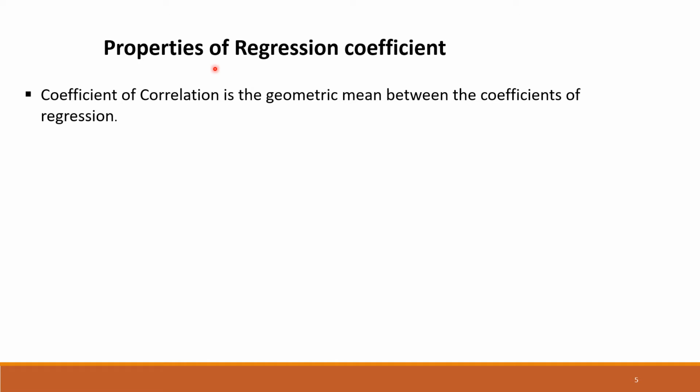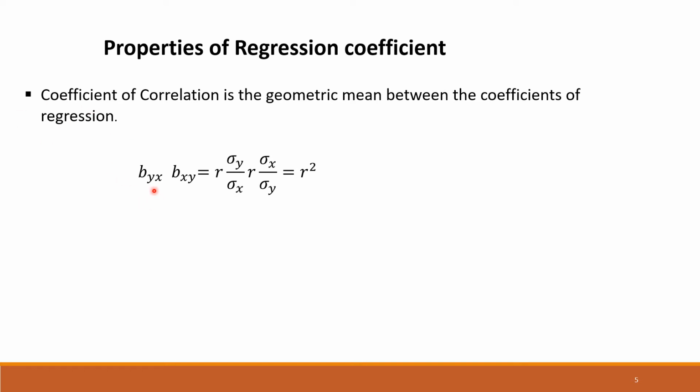So we have to show that coefficient of correlation is the geometric mean between the coefficients of regression, which means that you have to show that bxy into byx is equal to r square, and that we know already from the definition of byx and bxy, that byx into bxy is equal to r into sigma y upon sigma x, r into sigma x upon sigma y. So we will get this answer to be r square. So we can say that the coefficient of correlation is the geometric mean between the coefficients of regression.